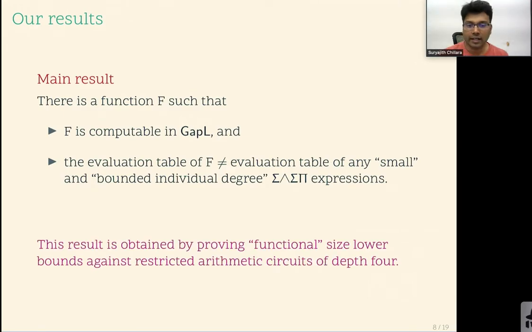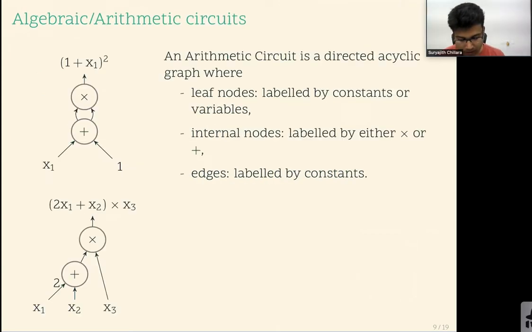So we show this result by proving functional size lower bounds against restricted arithmetic circuits of depth 4. So now let me tell you what these restricted arithmetic circuits of depth 4 are. So arithmetic circuits are directed acyclic graphs whose leaf nodes are either constants or variables. Their non-leaf nodes are either addition or multiplication, and edges could be labeled by constants.